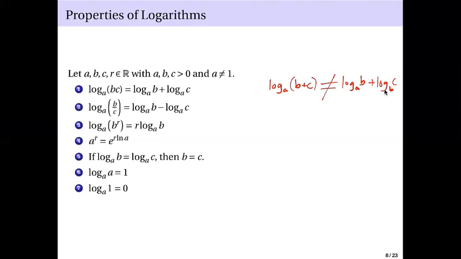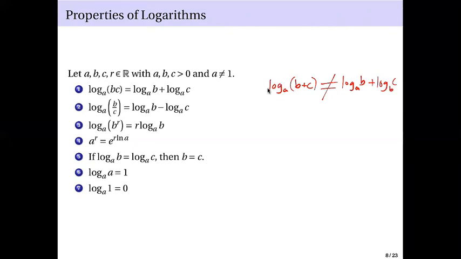The right-hand side is a product, b times c. But for the left, we don't have anything. So this is a common mistake. Do not do this.